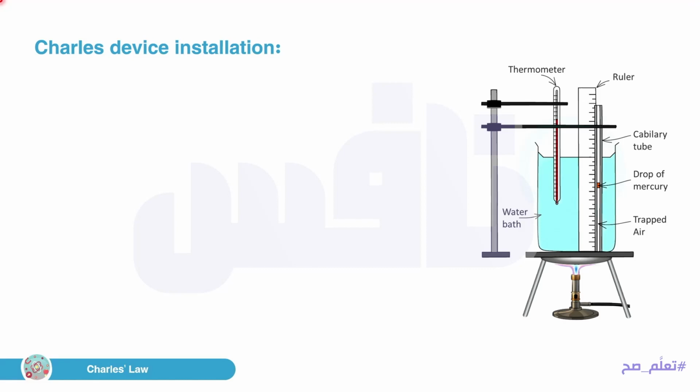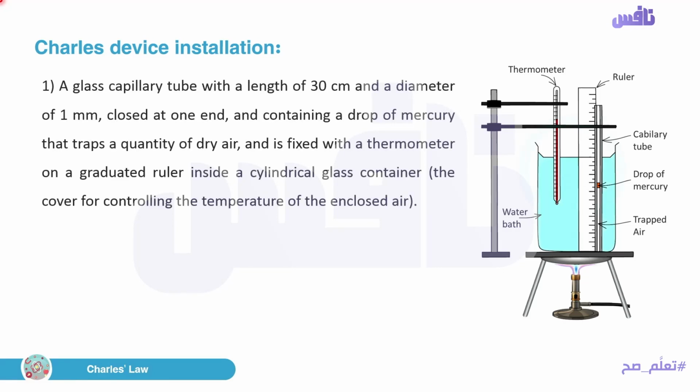Let's go. Charles' device setup or installation. Of course, my friends, as you can see, a glass capillary tube with a length of 30 centimeters. So now we have a capillary tube which is 30 centimeters in length and its diameter is 1 millimeter, and it is closed at one end and contains a drop of mercury that traps a quantity of dry air.